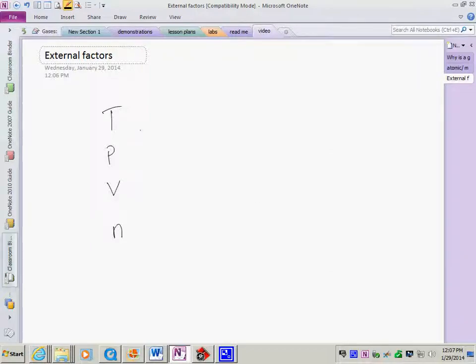Now, when we look at instances of these variables, we have a breakdown of two different types of problems. One problem would be in a rigid container, and another one would be, let's say, in a balloon, where the volume is allowed to expand and contract.